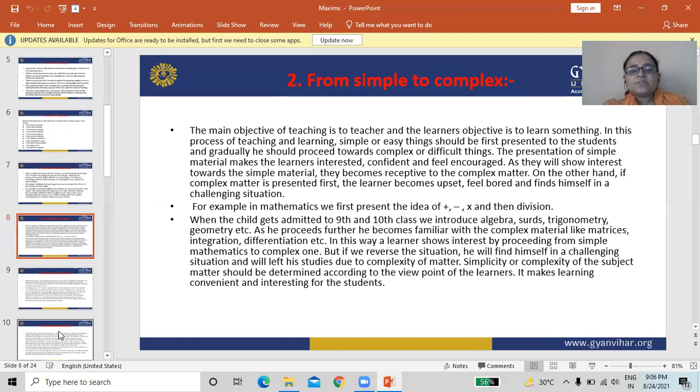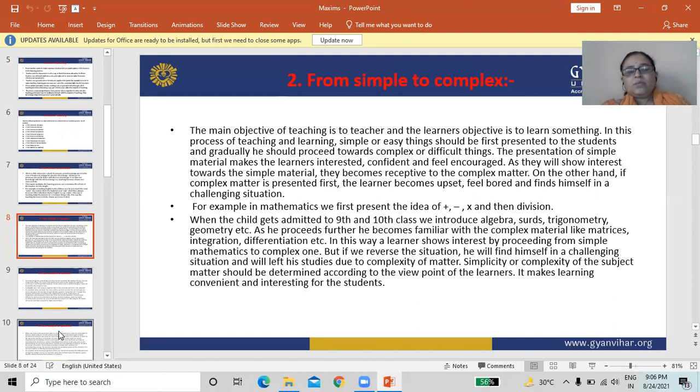When the child gets admitted into the ninth and 10th class, we introduce algebra, trigonometry, geometry, etc. As he proceeds further, he becomes familiar with complex material like matrices, integration, etc.